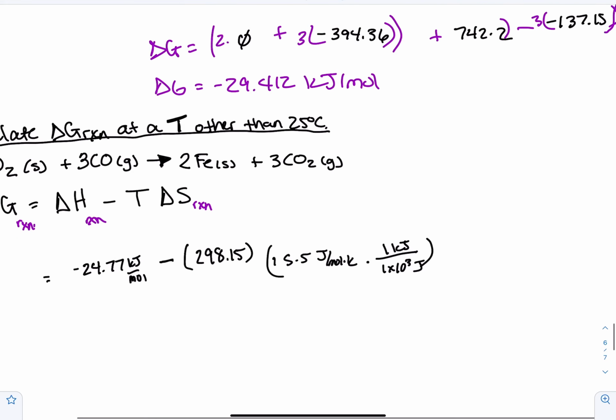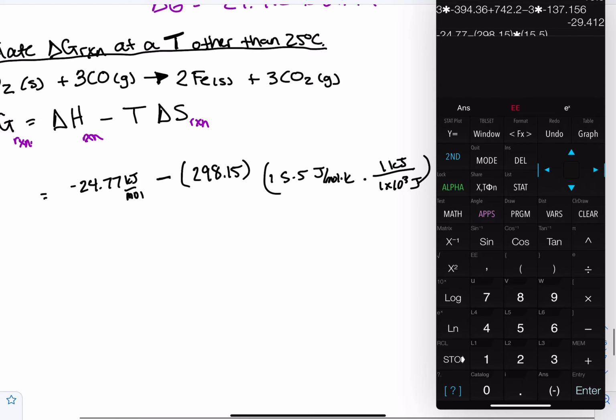So let me go back to the equation and use that value. So negative 24.77 minus 298.15 times parentheses 15.5 times, I'm actually just going to say divided by 1,000. So I have to use my E key.